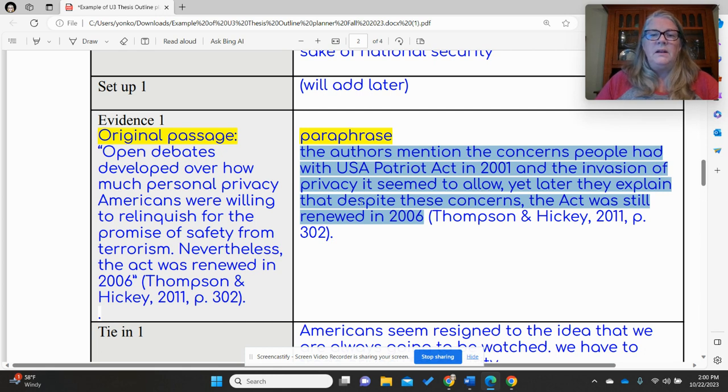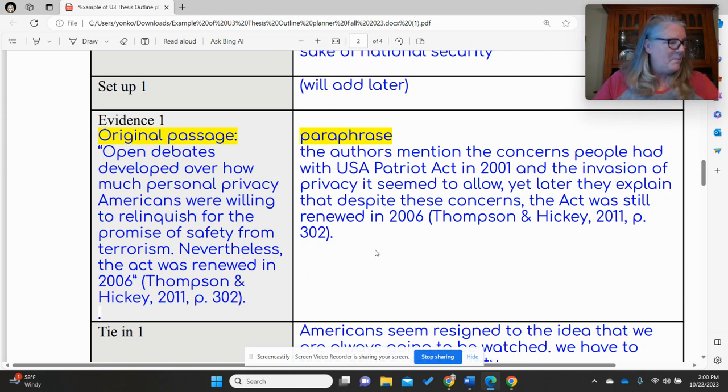Yet later they explain that despite these concerns, the act was still renewed in 2006. So it could be a better paraphrase, but it's okay. All right. So I would highly recommend that you include a paraphrase and include the original passage so that I can check those for you.